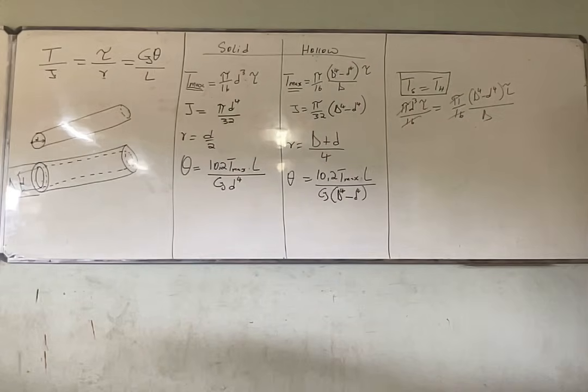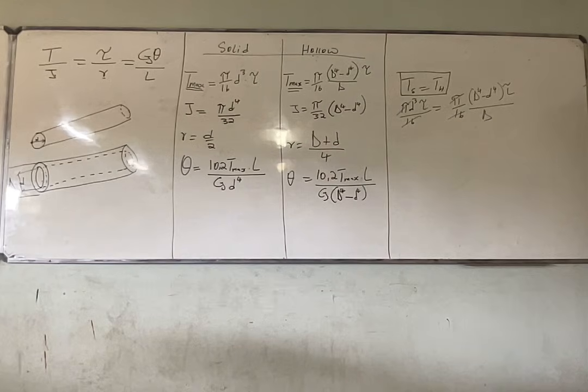So after you have calculated in radians, if you want to convert to degrees, you know how to do so. That is in the mathematics syllabus. The L is for the length of the shaft.